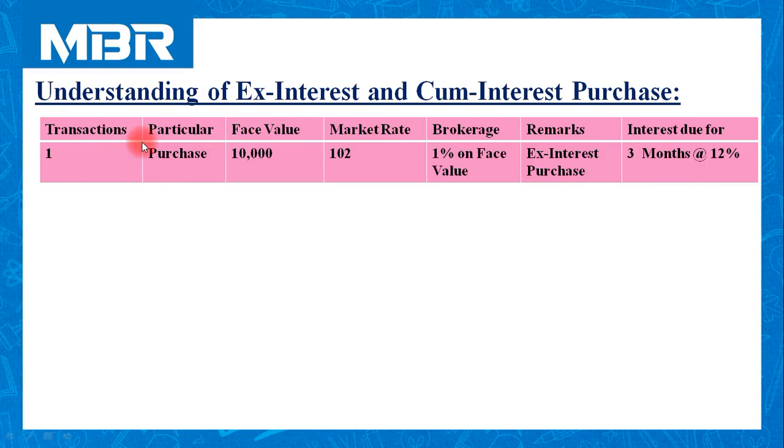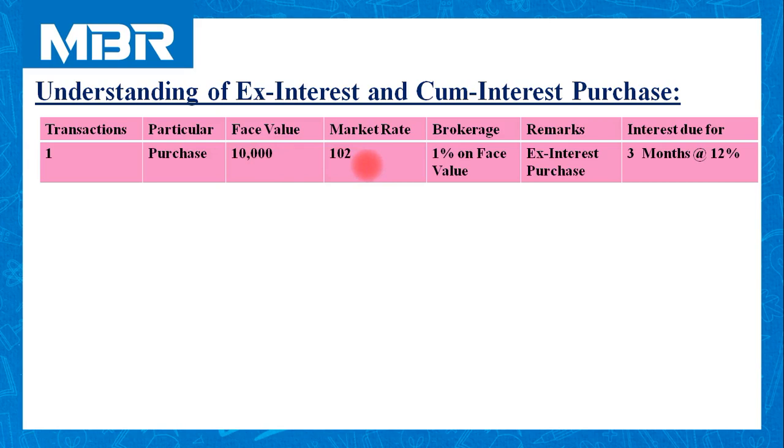The first transaction available to you on your screen is all about a transaction of purchase, so refer to it very carefully. This is transaction number 1. It is related to purchase. Face value is given as 10,000. Market rate is 102 per 100 rupees.